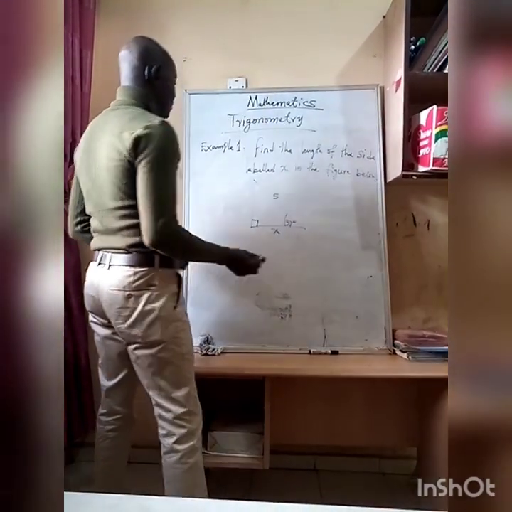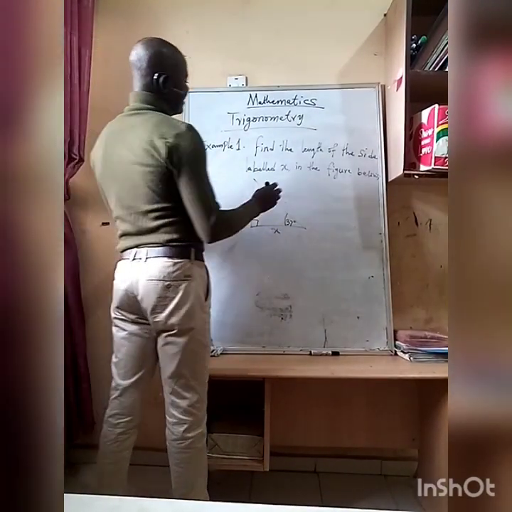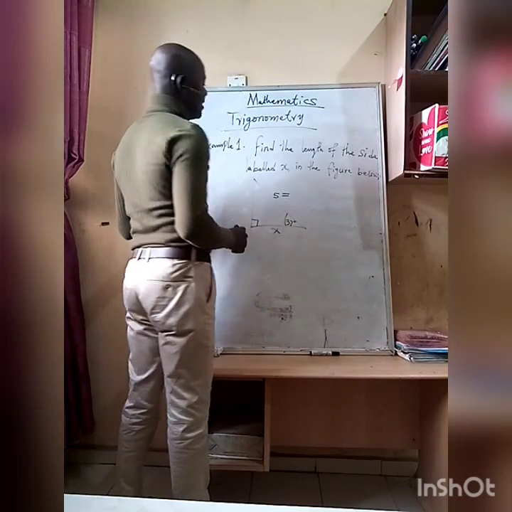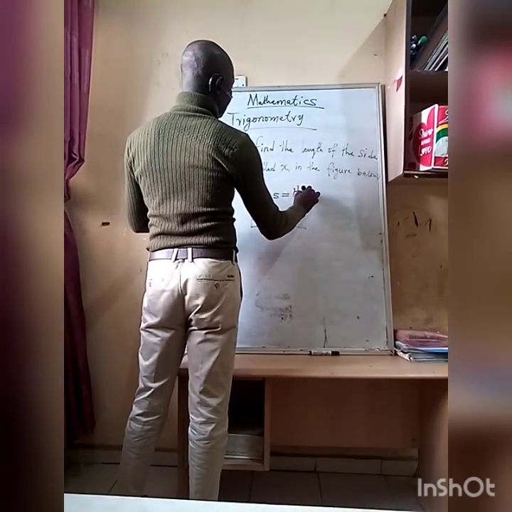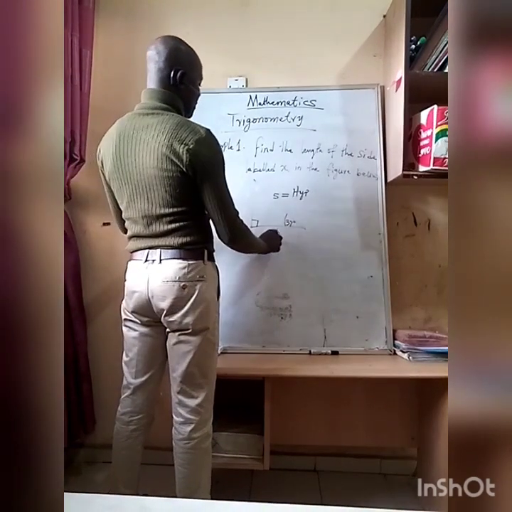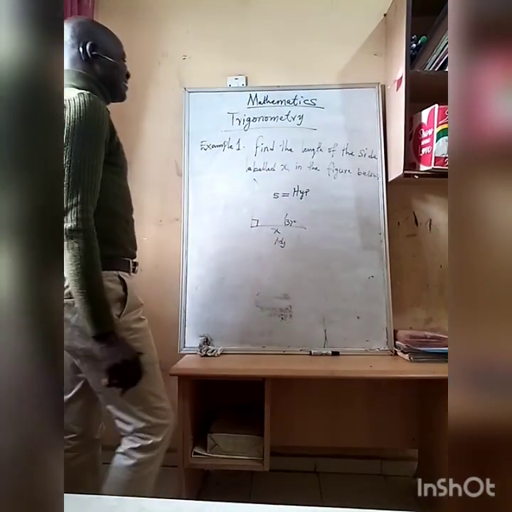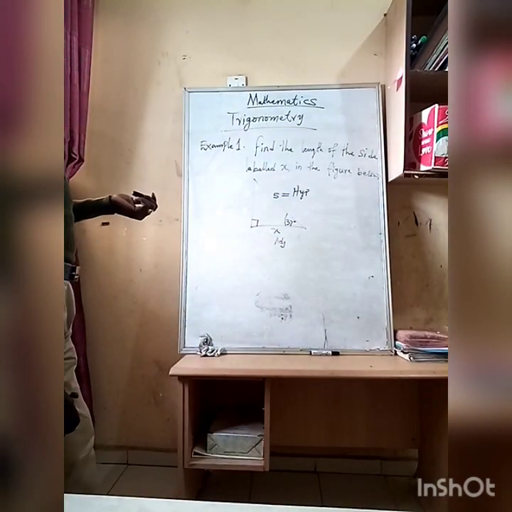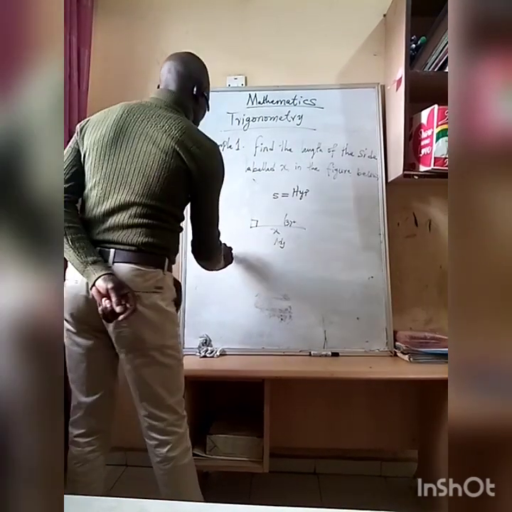Having said so, the first thing to do is to identify what the given side is called. This is the hypotenuse. This is the side on which the inclined angle lies. So this is the adjacent. Which trigonometric ratio connects hypotenuse and adjacent? It is cosine.